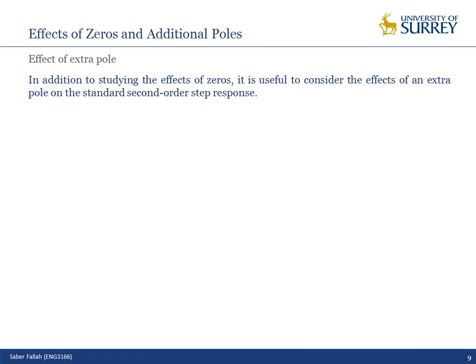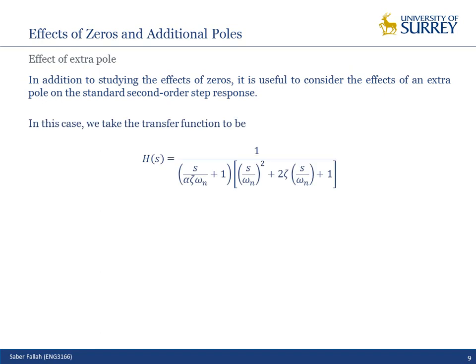Okay. Now we talked about the effect of the additional zero. Let's talk about the effect of the additional pole. How will having an additional pole in the transfer function change the response of the system? Look again. If you ignore this pole, I have a standard second order transfer function.